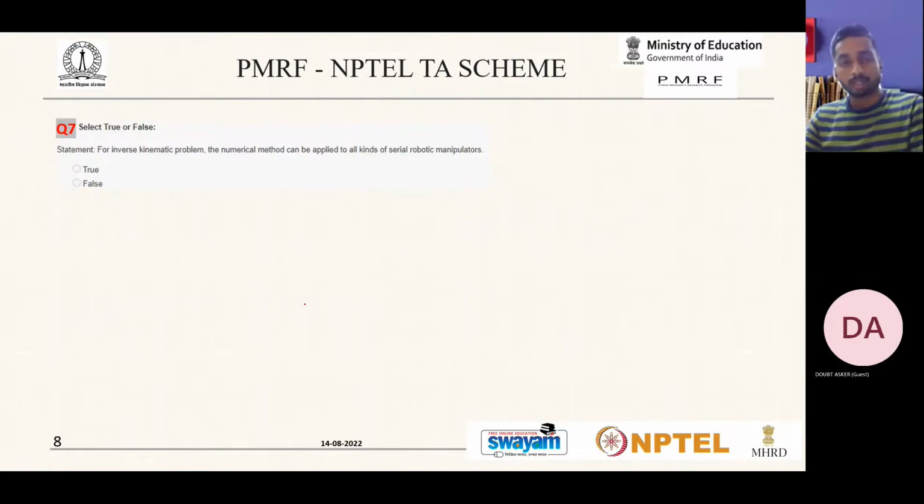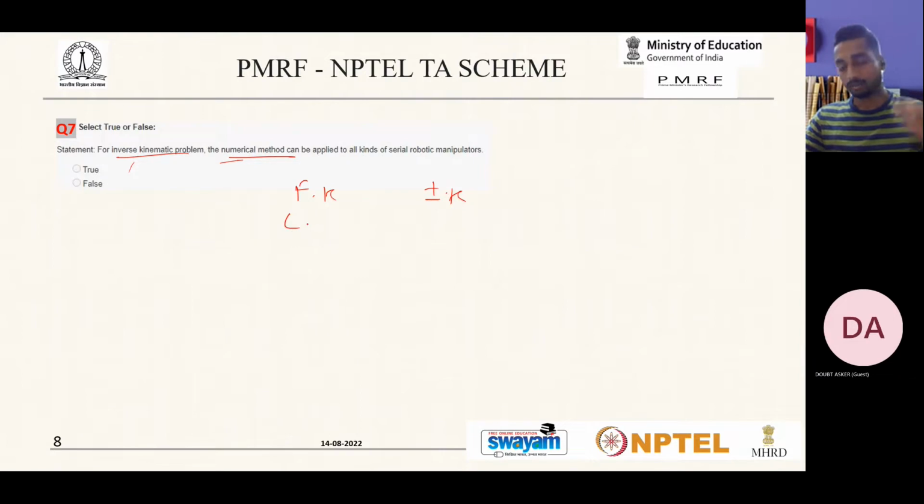The next question is that for inverse kinematic problems, the numerical method can be applied to all kinds of serial robotic manipulators. Right. Now we know the forward kinematics and inverse kinematics.